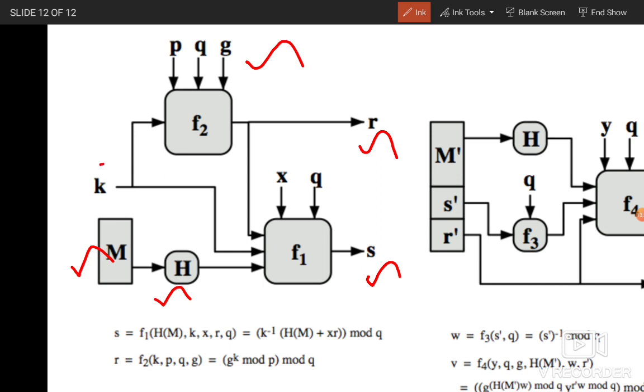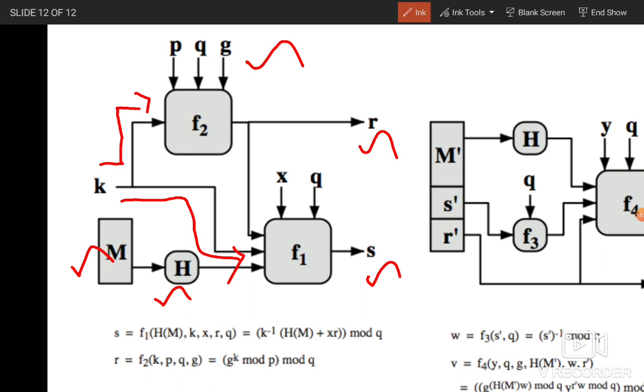For both the functions, we need the randomly chosen key value. Okay. So what is the formula for R? It is G power K modulus P. So G we have, K also we have. So G power K modulus P modulus Q. Thus R is calculated. Now we move on to S.